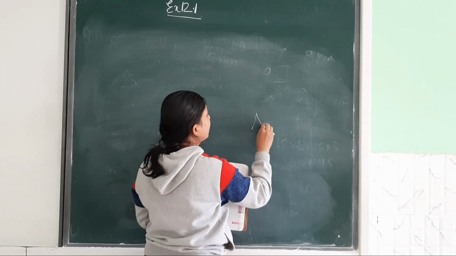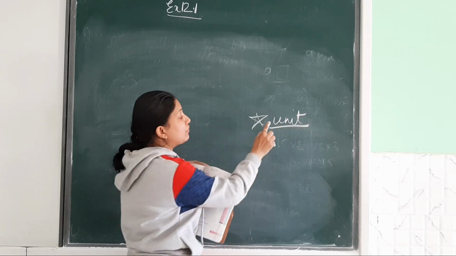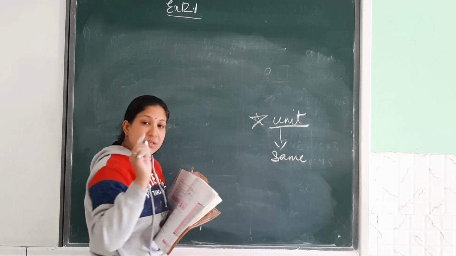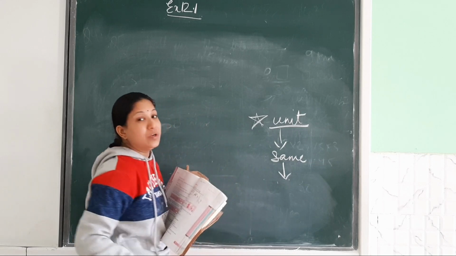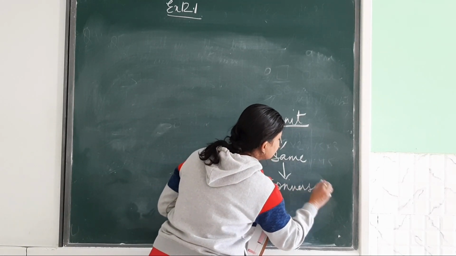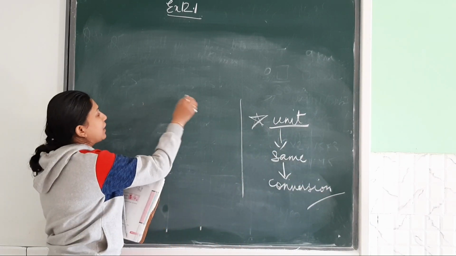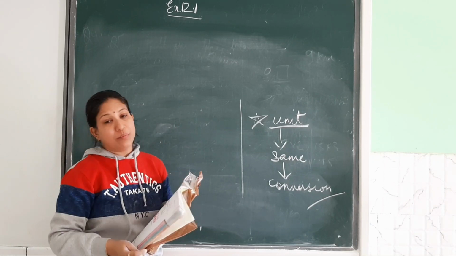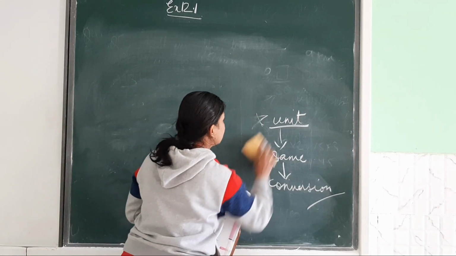The start point is to check if they are in ratio and if they have units. The units should be the same. In case the unit is not the same, you bring it to a common unit. That means you have to do the conversion. Only this much you have to remember. Otherwise, ratio is very easy. You just write down the ratio, compare it, simplify it, and you will get the reduced form. Okay, and that will again be in ratio form. You have to write the answer.